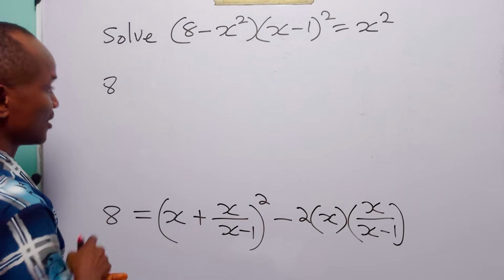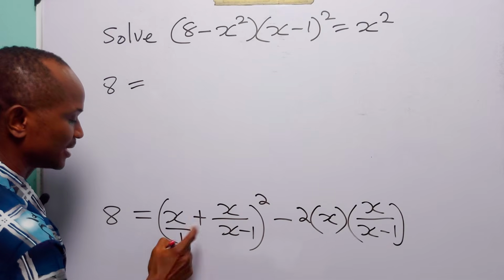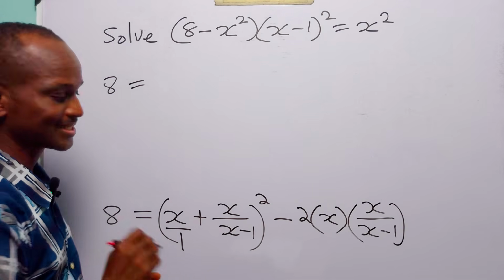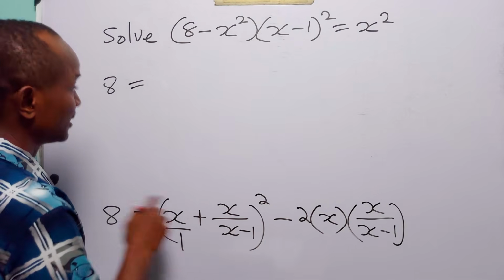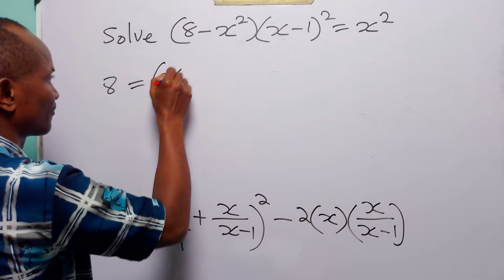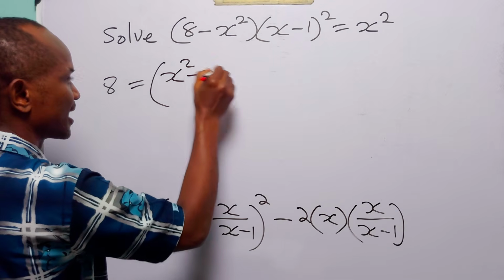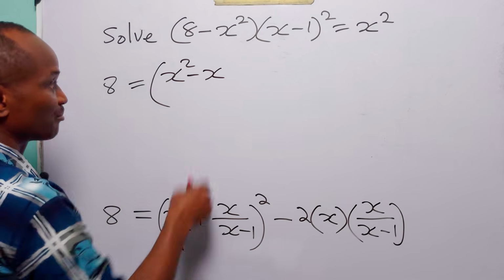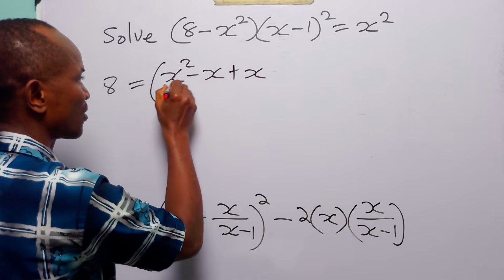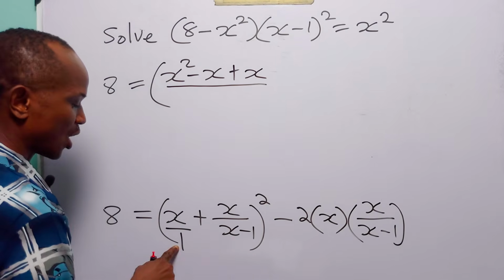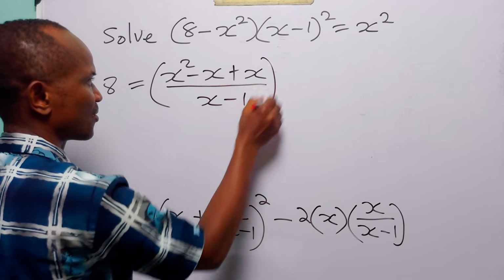And of course, from here, we have that 8 is equal to, let us combine these two fractions into one single unit. We have x times (x - 1), that is x² - x, then plus 1 times x, which is equal to x, divided by 1 times (x - 1), that is x - 1.